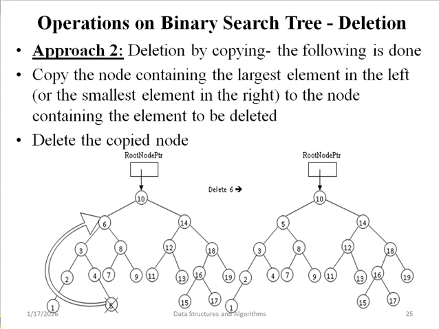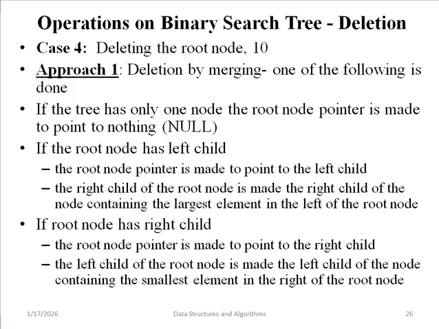So we can apply the delete operation by copying. What if we want to remove the root node? For the removal of the root node, if the tree has only one node, the root pointer will be left empty or made null.